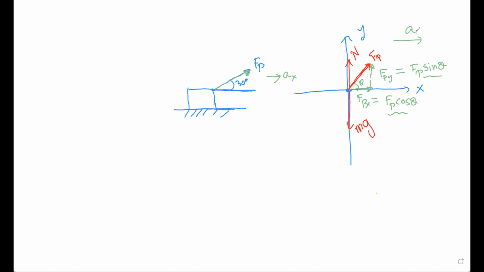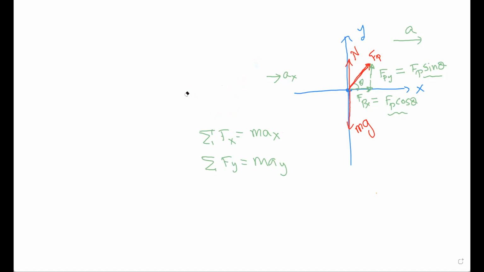Once we have all this information in the diagram, we write two equations: Fx equals max and Fy equals may, and then solve the problem. We will see this when we solve some problems.